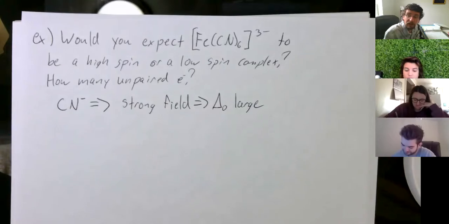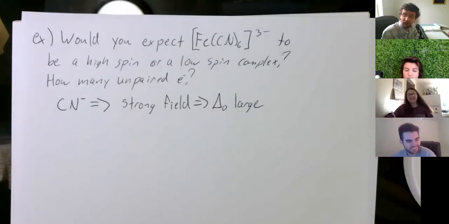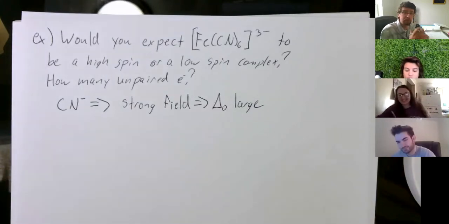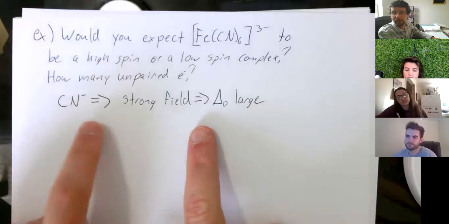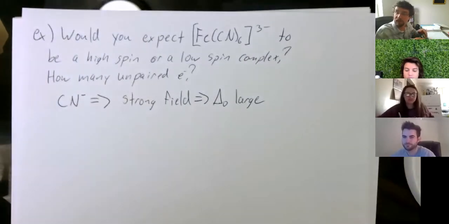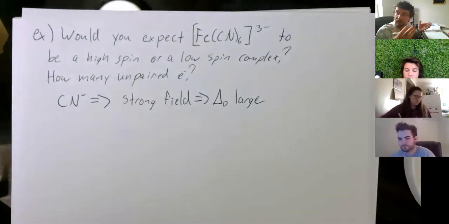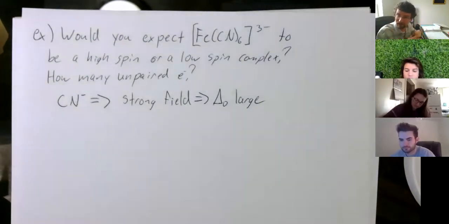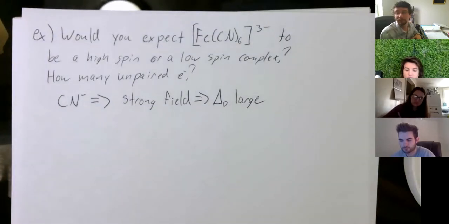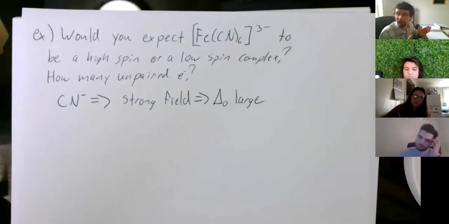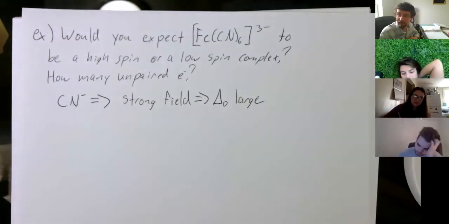We have to know the number of d electrons to determine if we even have to do this. We might end up with a case where we have all unpaired electrons, or a case where it's impossible to end up with a high spin case.